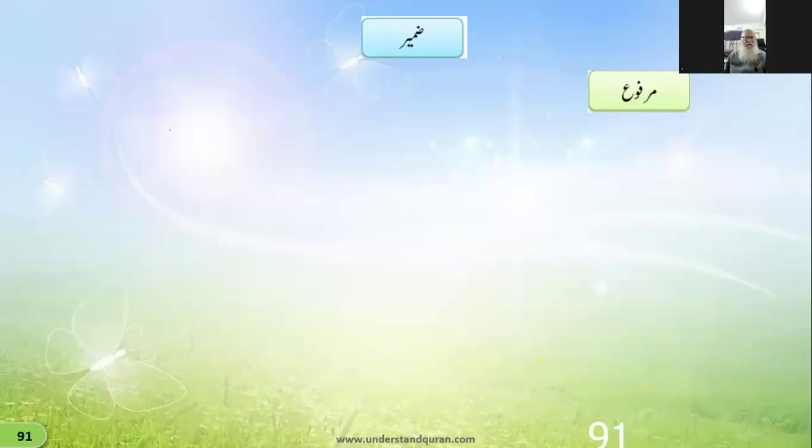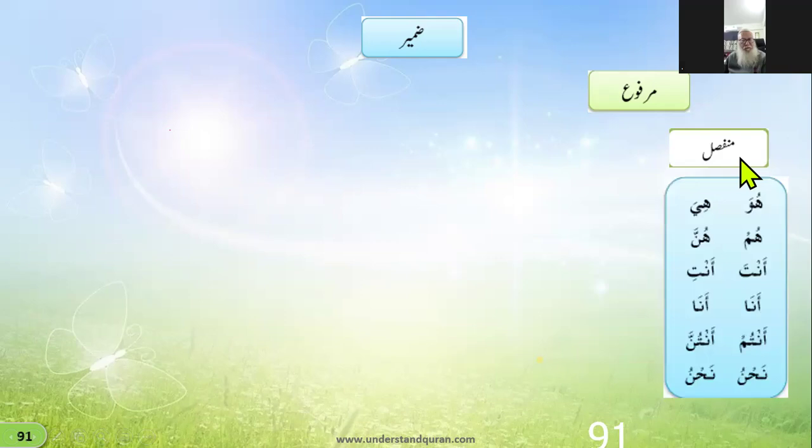Let's have the damair. The damair are of three types: marfu', mansub, and majrur. Okay. Damair may be marfu', they may be mansub, they may be majrur. When they are marfu', there are only two types. One is munfasil, separate.